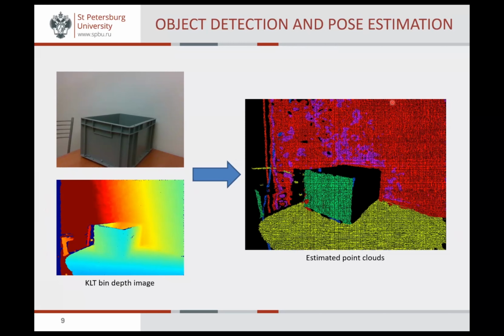Then for each bin that was detected by Mask R-CNN, we pick the closest plane to that region and assume that this is the pose of a KLT bin. For example, for this gray KLT bin on the image, we would take the green plane that belongs to its frontal face.